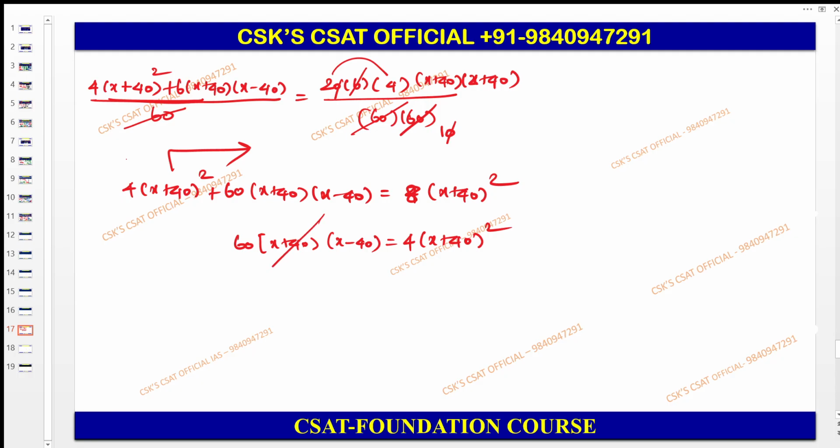If you are feeling difficulty with the simplification, let me tell you another way also, without taking that x plus 40 as common. Now try to understand here. 4s is there, and one more x plus 40 is there. I have missed that one. Please understand that one. So here another x plus 40 is there. So then it becomes a whole square.